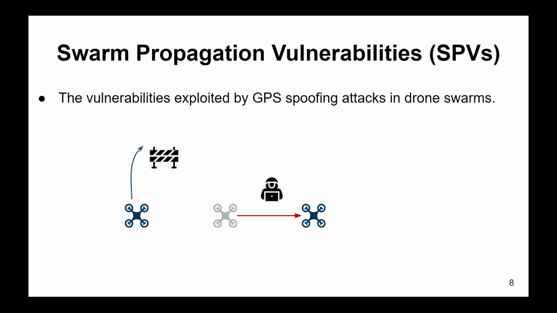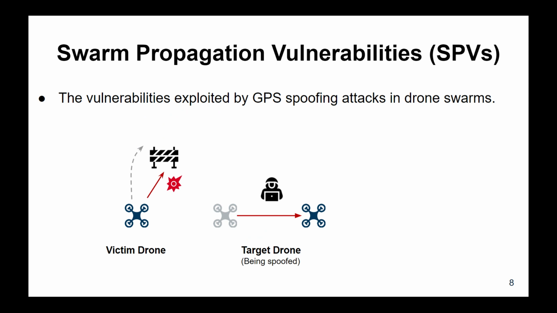When an attacker performs GPS spoofing over another drone, we find that by strategically choosing the GPS spoofing parameter, the drone that is not under GPS spoofing could crash into the obstacle. In this attack, we call the drone that is under GPS spoofing the target drone, and the other drone, which is not under GPS spoofing but will crash into the obstacle, the victim drone.